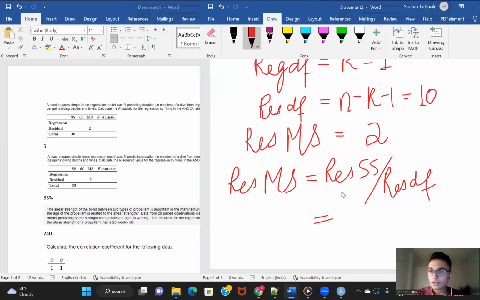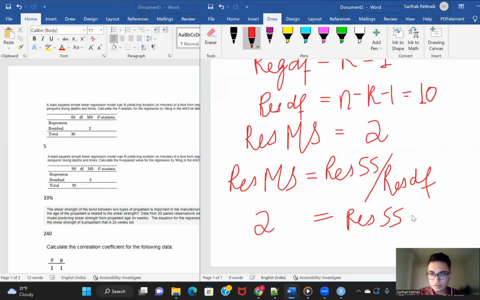That is something that you need to find out. You have been given this value is equal to 2. What is my residual degree of freedom? Nothing but equal to 10. So my residual sum of squares has become 20.